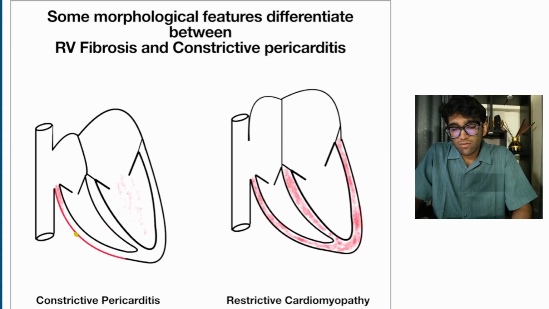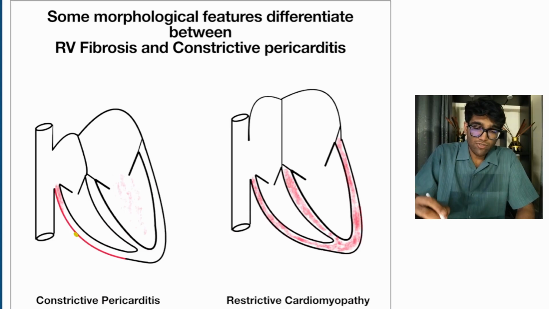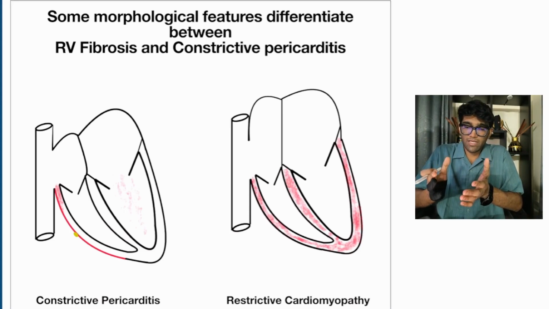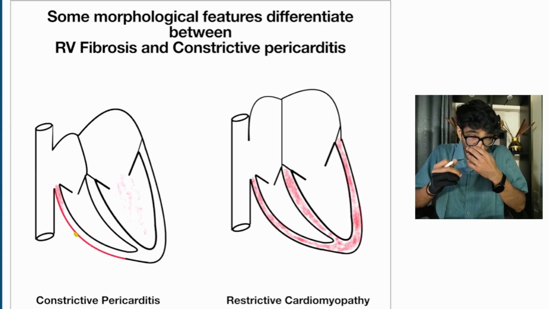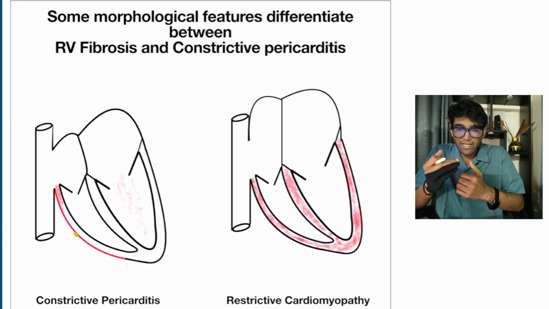So now, restrictive cardiomyopathy typically involves ventricular fibrosis of the right and the left ventricles. Whereas, as you can see in the diagram, in constrictive pericarditis the organization of the inflammatory fluid typically occurs in more dependent and basal regions of the ventricle. So it tends to affect the lateral aspect of the tricuspid annulus more than the medial aspect, because the medial aspect is actually the septal aspect.